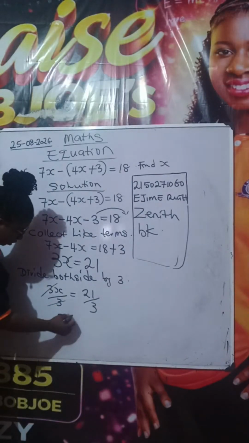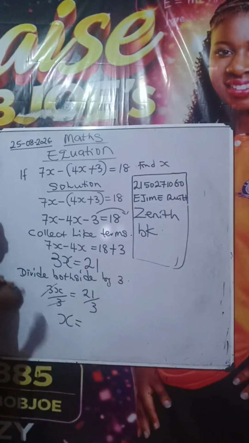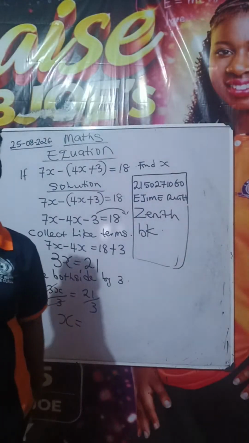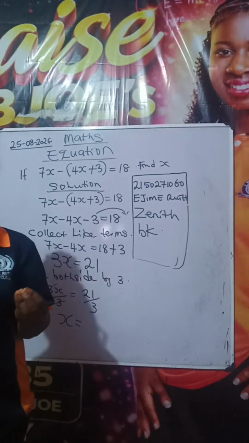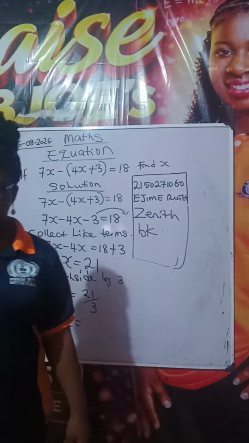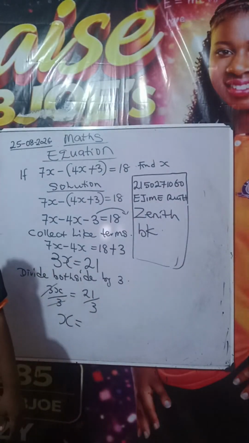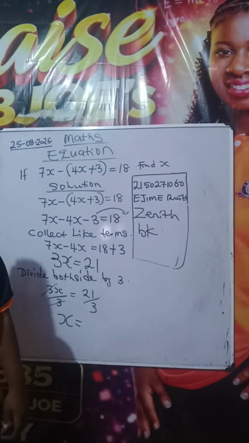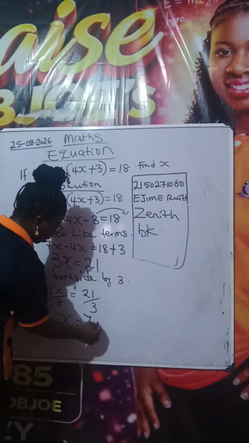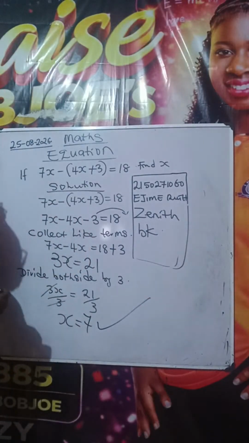So we have x equals to, how many 3s do we have in 21? 21 divided by 3, how many do we have? And that will give us 7, correct. So our x is 7.